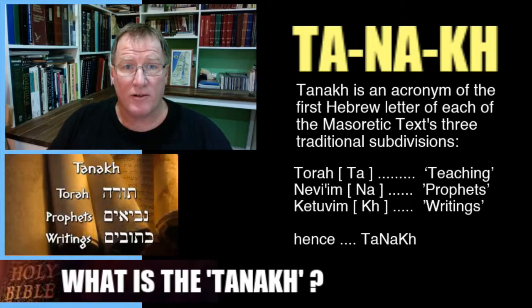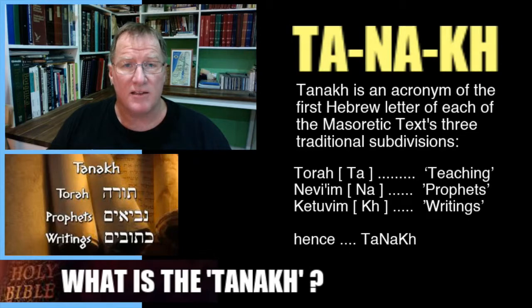The Tanakh, or the Hebrew Bible, is written in three different sections. The first section is known as the Torah, the second section is known as the Nevi'im, and the third section is known as the Ketuvim. Each of these three sections form what we know as the Tanakh.